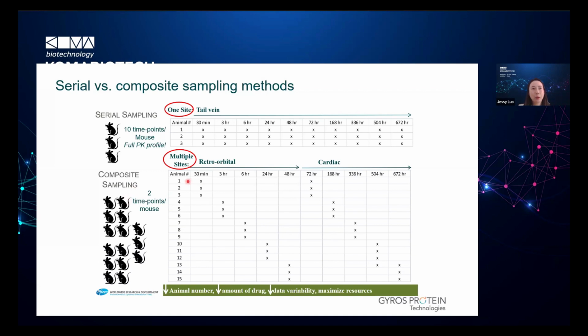Then you need to use a composite sampling way, meaning that you need to take data points from different mouse to create one PK profile. And that will generate more need on the number of mouse. That will be 6 times more than what we can use on Gyros. So for example, this is 3 mouse, and this is almost 18 mouse, 15 mouse, that you need to use.